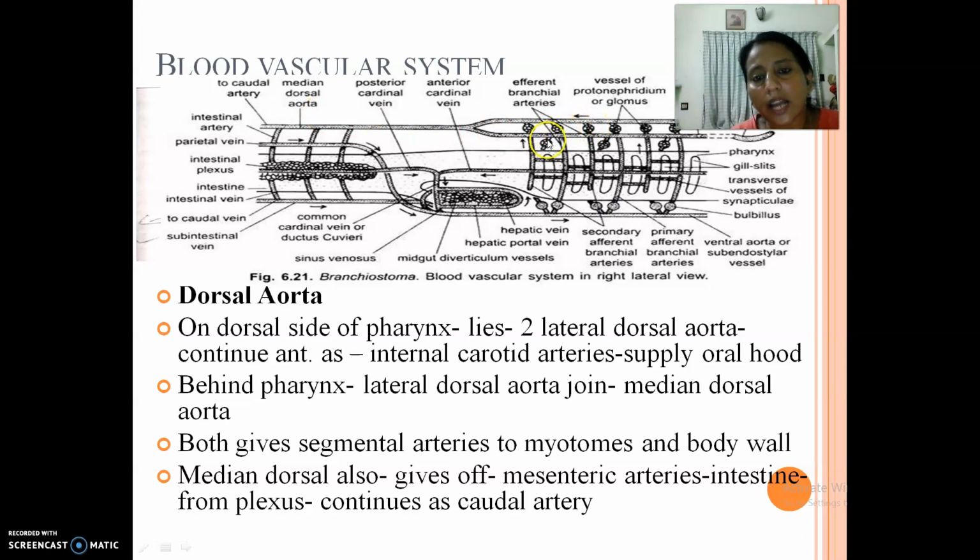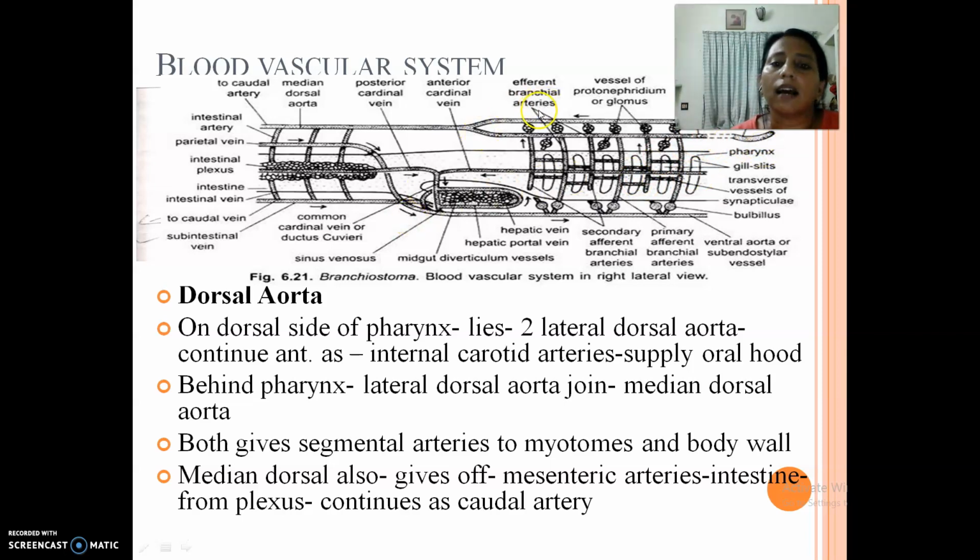So, the lateral dorsal aorta receives blood from efferent branchial arteries, and it continues towards the anterior end as internal carotid arteries. Here in the case of the ventral aorta, we have seen the external carotid arteries. Here in the case of the lateral dorsal aorta, they continue as the internal carotid arteries. Okay, so they supply blood to the oral hood region.